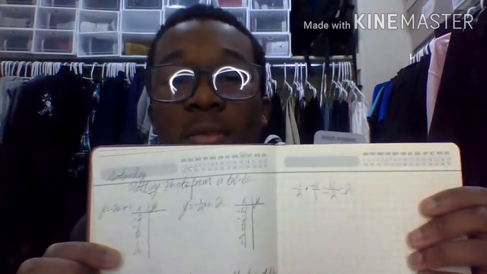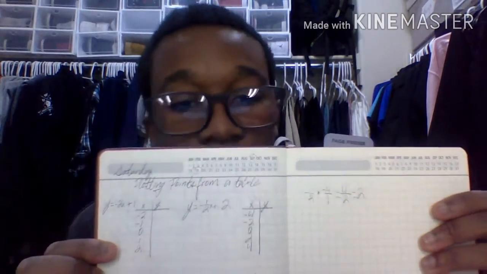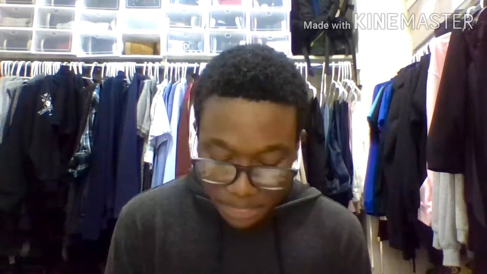Twice. So that means that we can simplify 4 over 2 to 2. And then it turns into y equals 2 plus 2. Because our original equation was y equals negative 1/2 x plus 2. And then that's 4. So that means that for negative 4 as the x value, its y value would be 4.